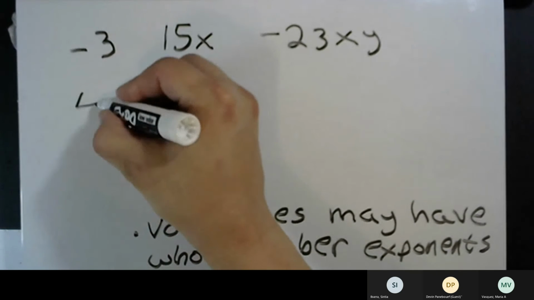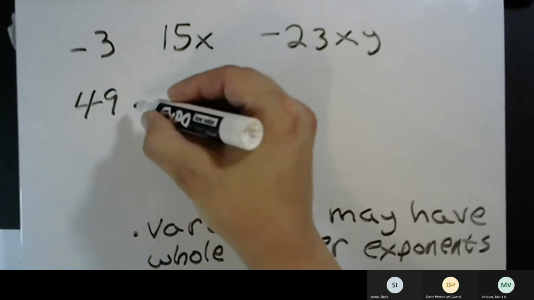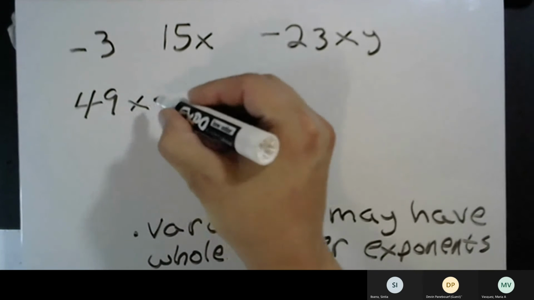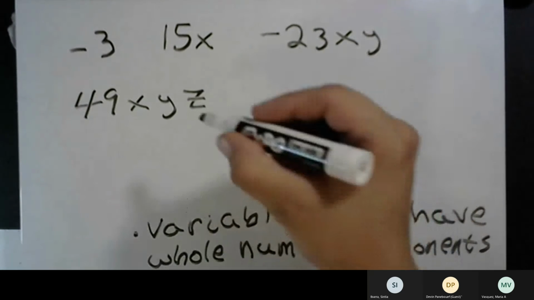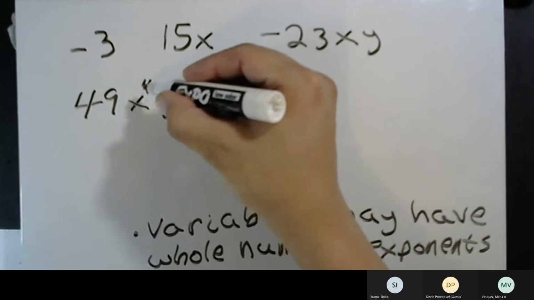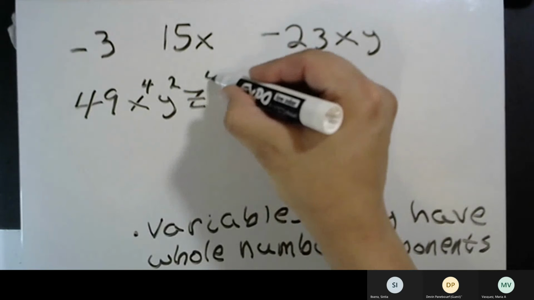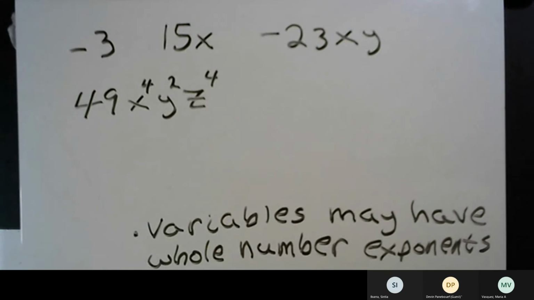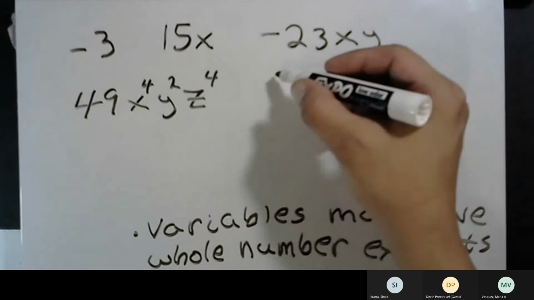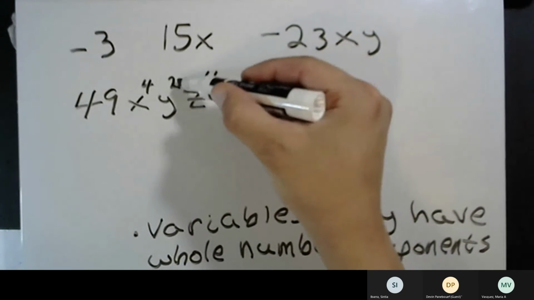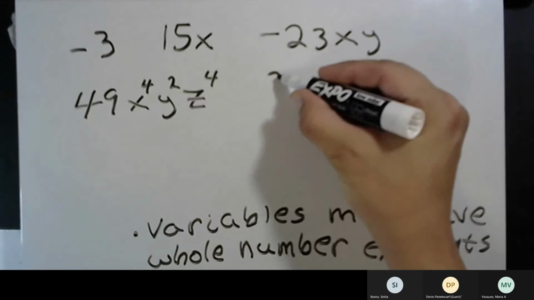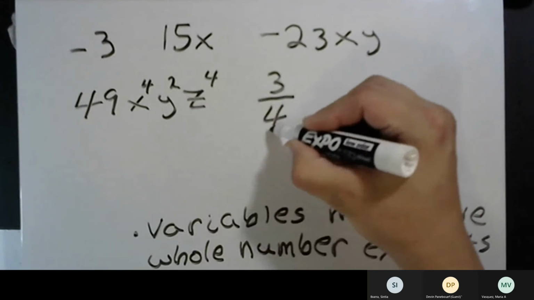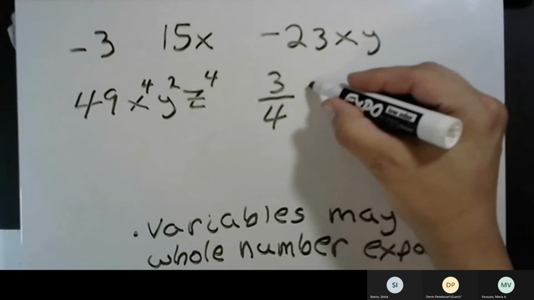Or we could take a constant times multiple variables. We can give those variables exponents. And there's no limit to what the constants in front can be. The exponents, we're limiting those to be whole numbers, but the number in front, we can let that be a fraction.